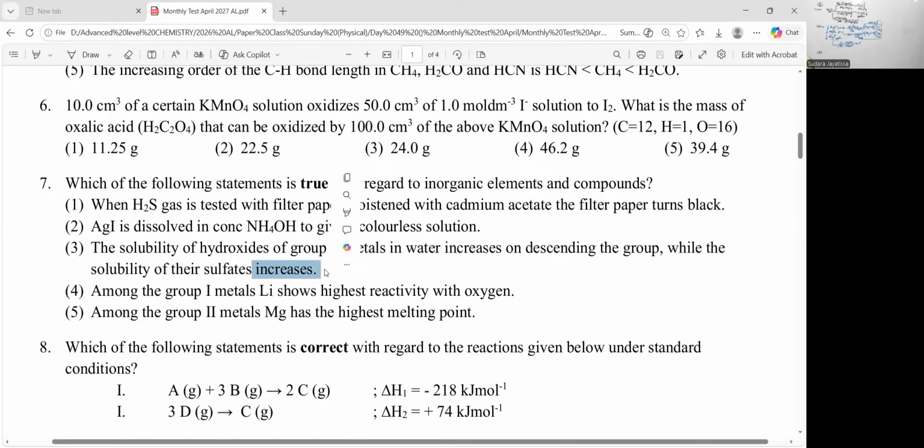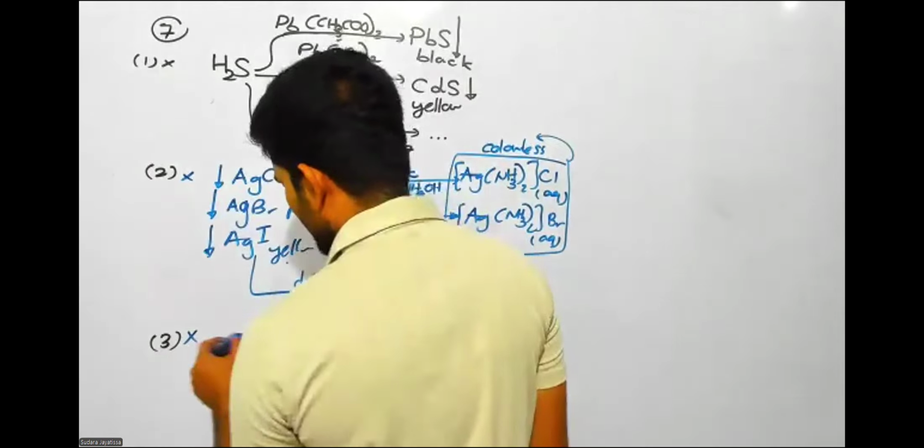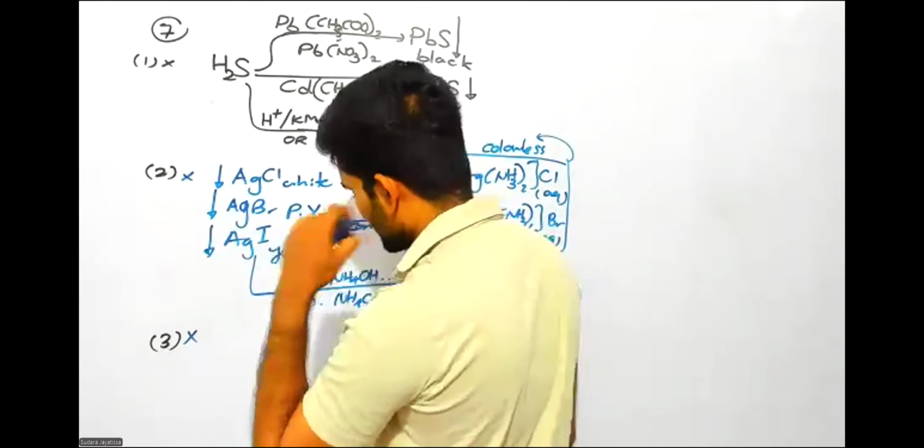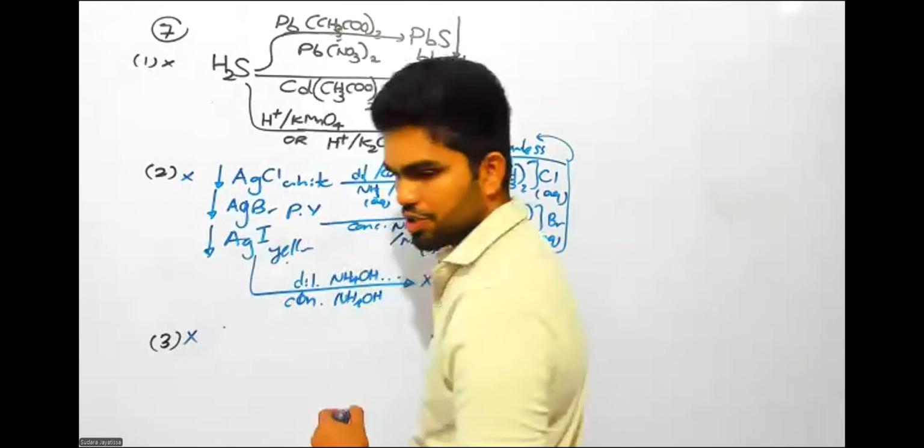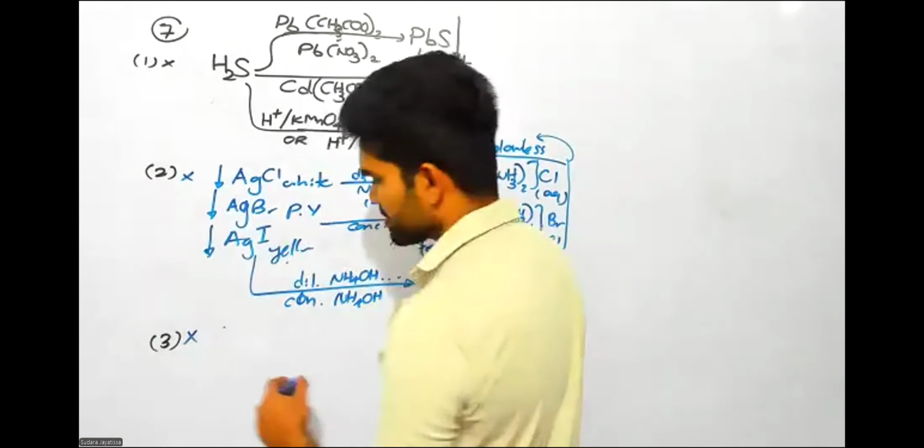Here actually you don't have any answer either. This statement is also wrong. In my marking scheme that I provided you, I got it as correct, but actually it is also wrong. Hydroxide solubility increases. You remember this chart from our solubility rules? Magnesium 2+, calcium 2+, strontium 2+, and barium 2+.